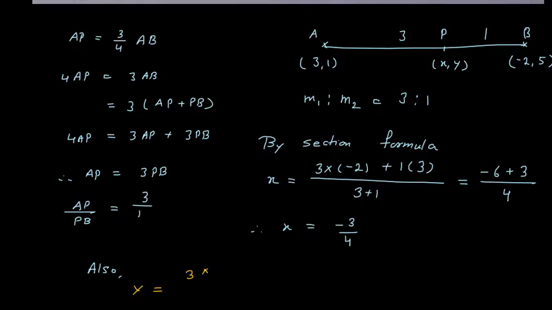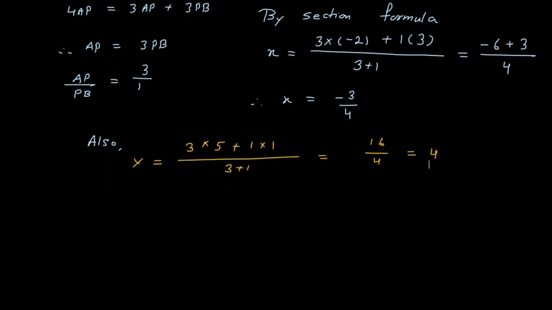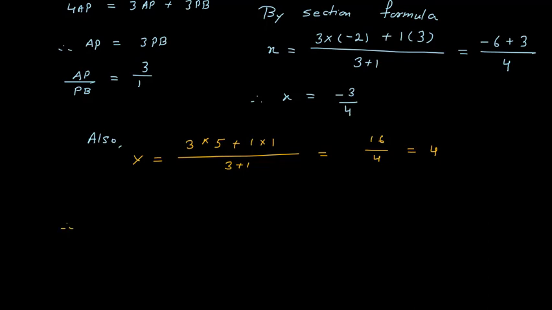So this becomes 3 5s are 15, 15 plus 1 is 16, divided by 4 is equal to 4. Okay, so therefore the coordinate of point P is (minus 3 by 4, 4).